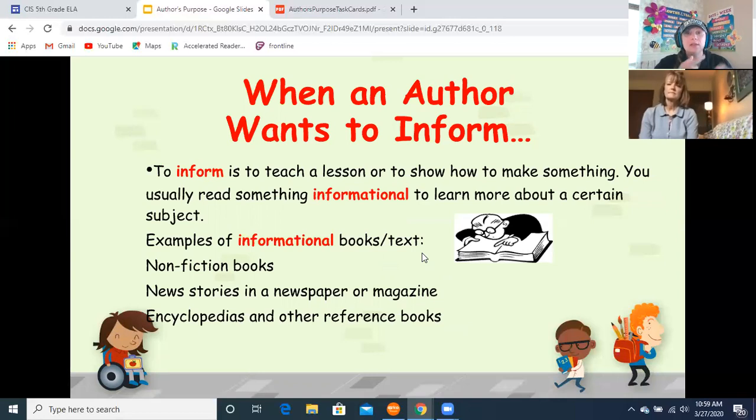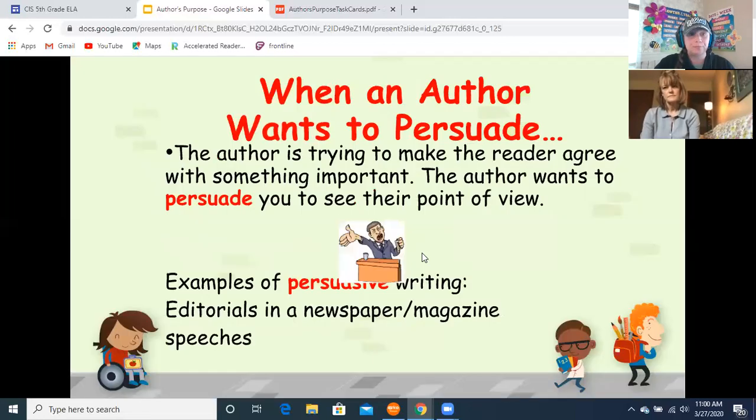It would have things like diagrams and charts and captions under pictures telling you where an animal lives, what they eat, if they migrate, or things like that. So things that are like non-fiction books, newspaper stories. Lots of stuff that you're hearing about the coronavirus right now, that is all for information. You can also use reference books like dictionaries and encyclopedias to learn new information.